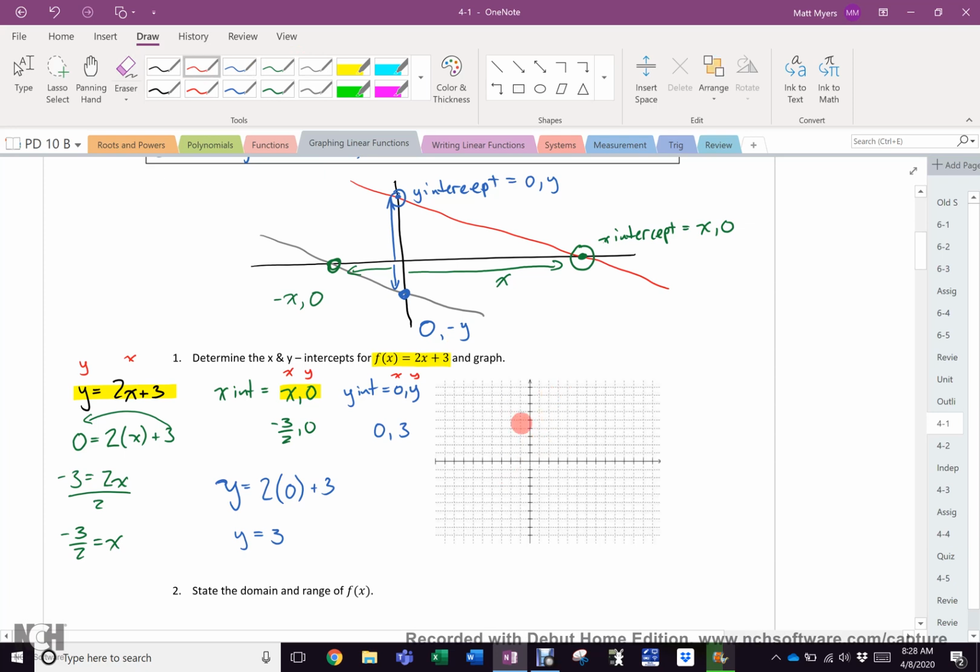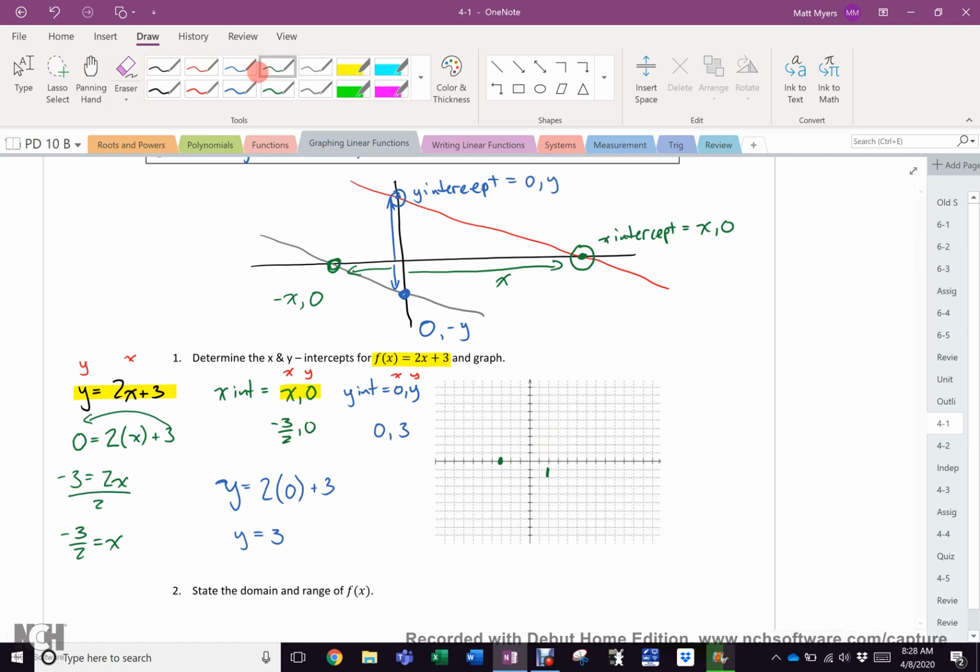Option 2, watch what I can do here to make it easier on myself. I'm going to say that 2 squares equals 1. So 1 square is a half. I need 3 halves. 1, 2, 3. I can put my x-intercept there because I've told you that each square is worth a half.